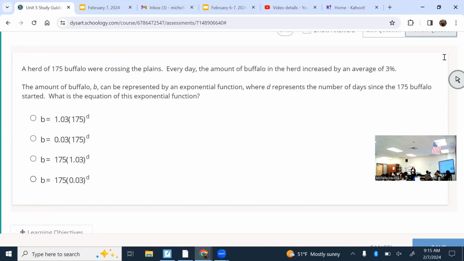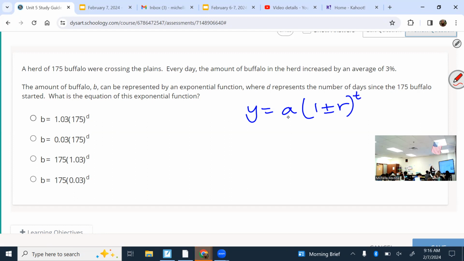So our exponential functions are always in what format? What's our general setup for our exponential functions? Okay, so this is our general setup.